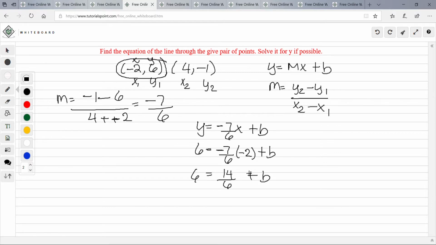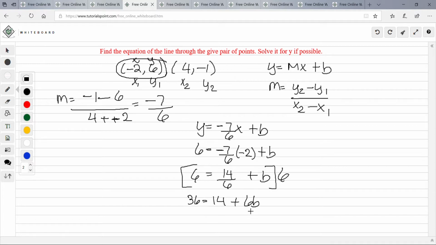Our goal is to solve for b, so I want to get rid of this 6 because we have a fraction right here. So I'm going to multiply everything by 6, including the b. So 6 times 6 is 36, 6 times 14/6 is just 14, and 6 times b is 6b.